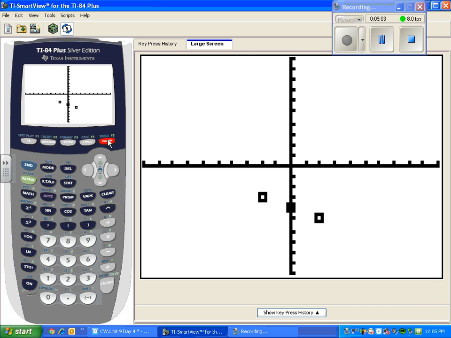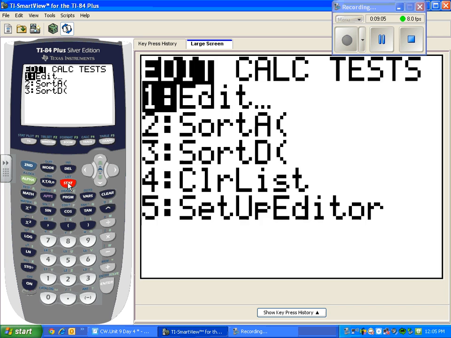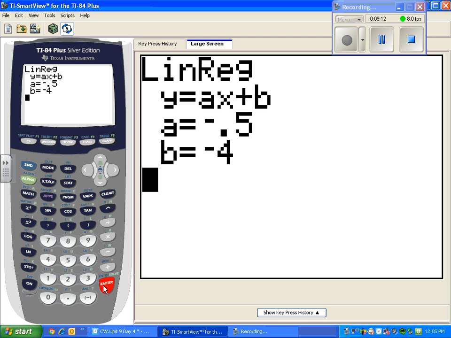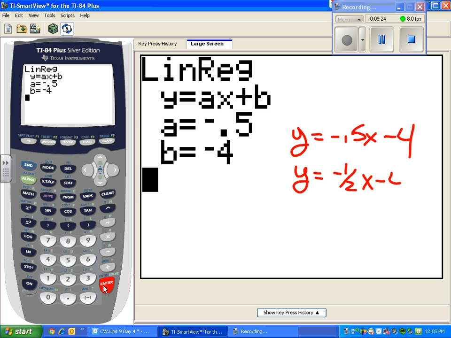And these guys form a straight line, so we know we can go stat, calculate 4 to get the equation of that straight line, and that's going to be y equals -0.5 x minus 4, which is the same as -1/2 x minus 4, which is the same equation we had from the last time.